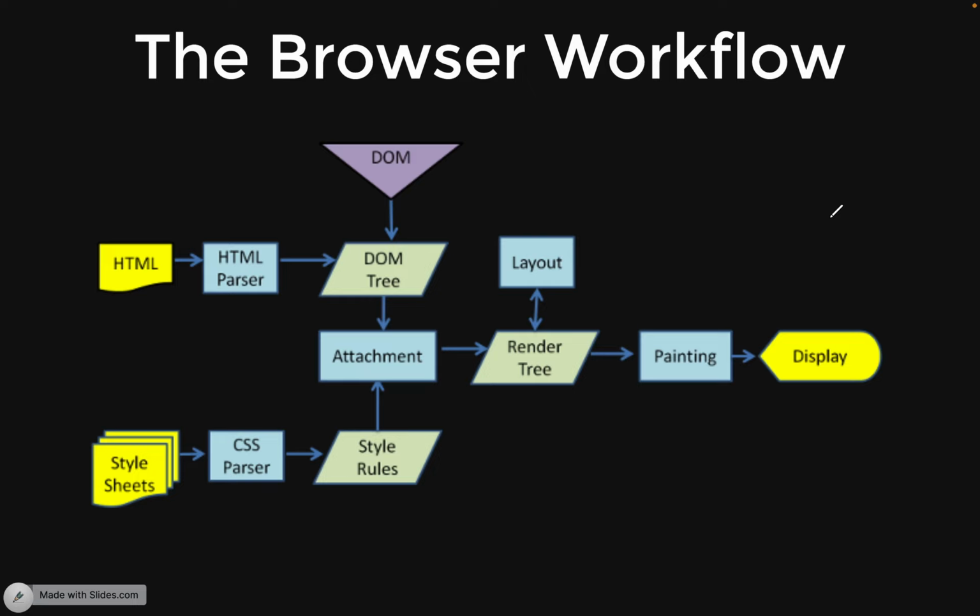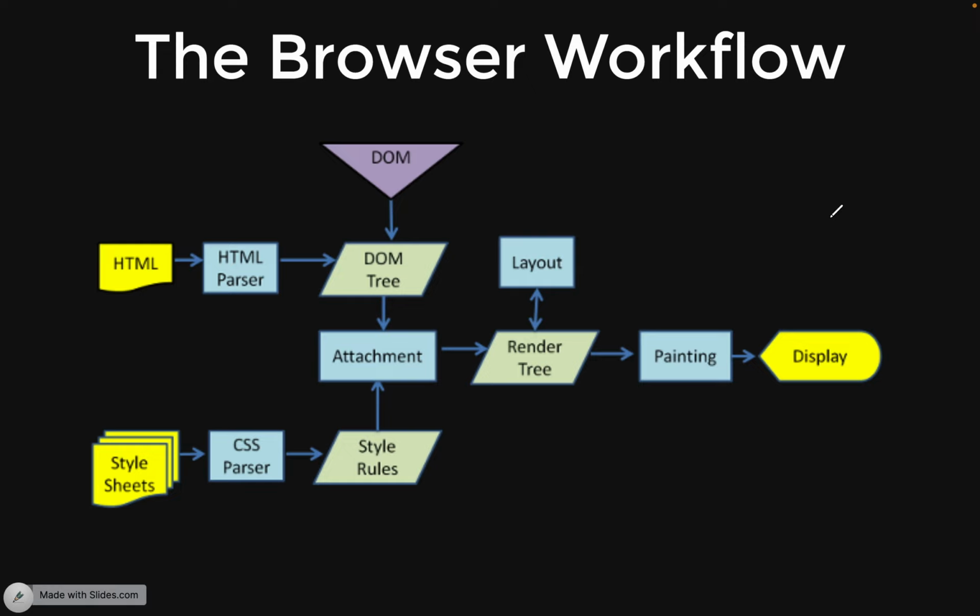We have been taught to think of each element as a box. In this step, the browser lays out each element as boxes on the screen in pixels. Browsers are viewport dependent, so it lays them out according to pixels.